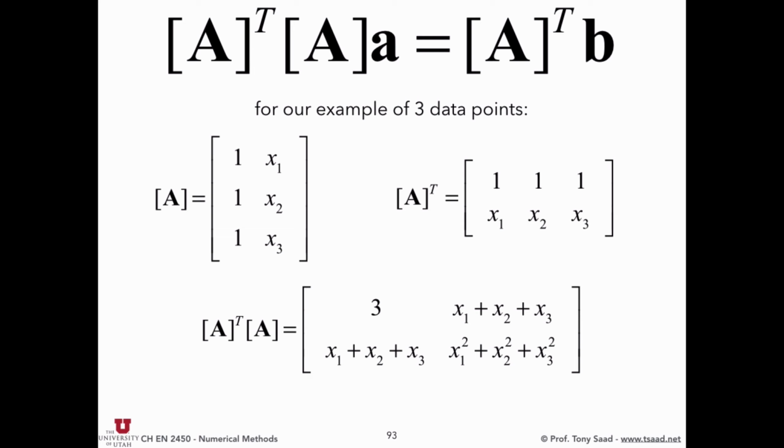Is A and A transpose always going to be like a 1 by 2 or a 2 by 1? Well, it depends on how many observations. It's going to have n observations, right? So the number of rows is going to be equal to the observations, and the number of columns is going to be equal to the order of the polynomial plus 1, right?